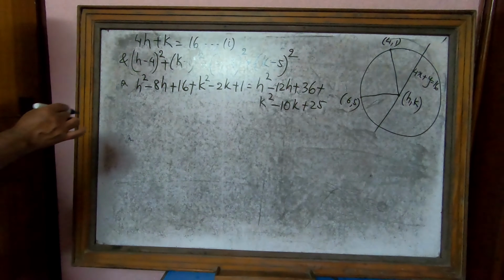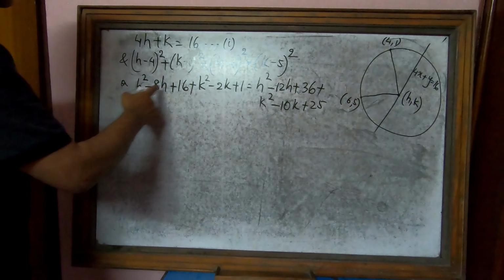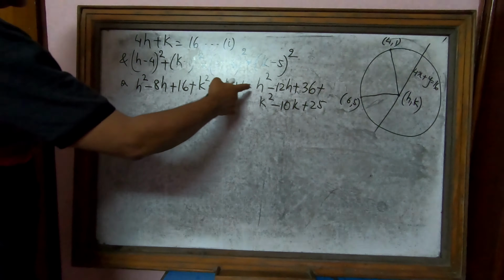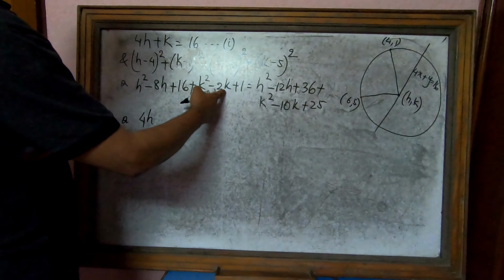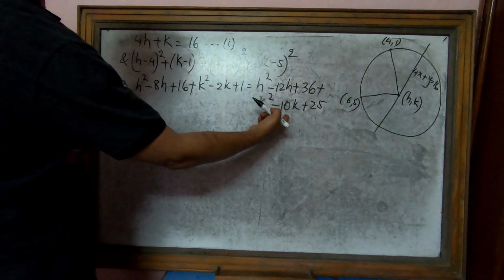Okay, so h square and h square gone, k square and k square they cancel each other. Minus 8h plus 12h is 4h, minus 2k plus 10k is plus 8k equals 17 minus, it goes to that side, 8 plus 36, 44. Okay, 25 minus 17 is 8, plus 36, 44.